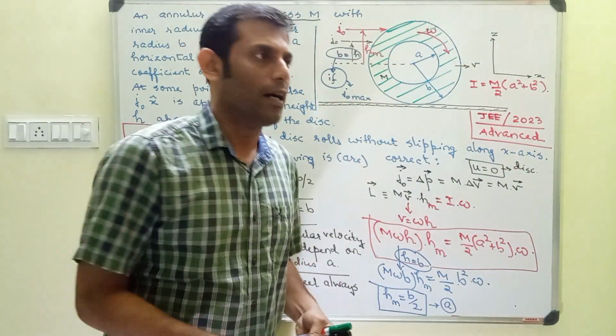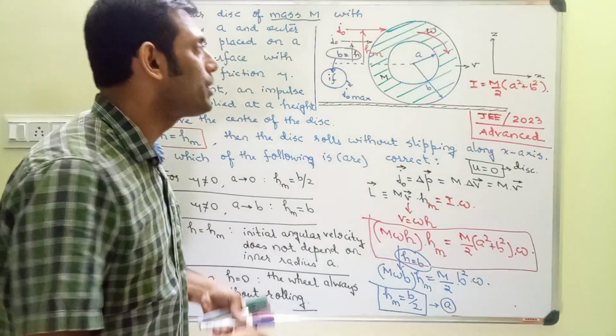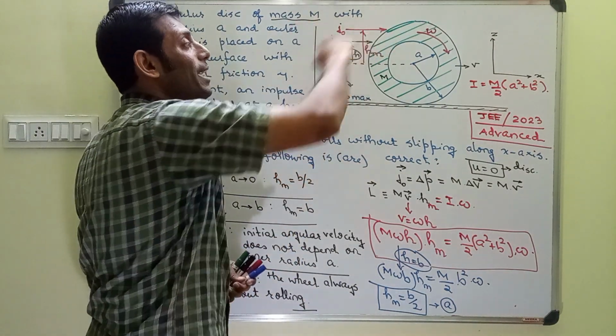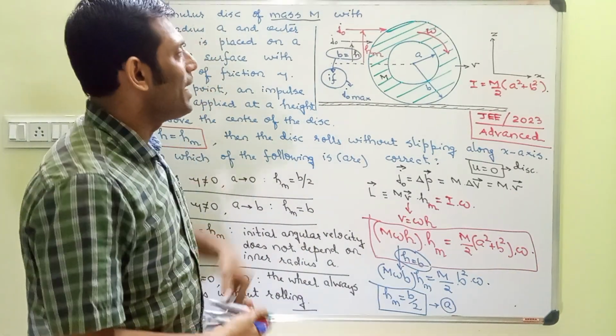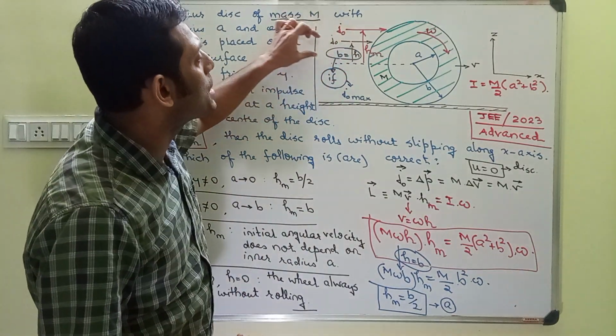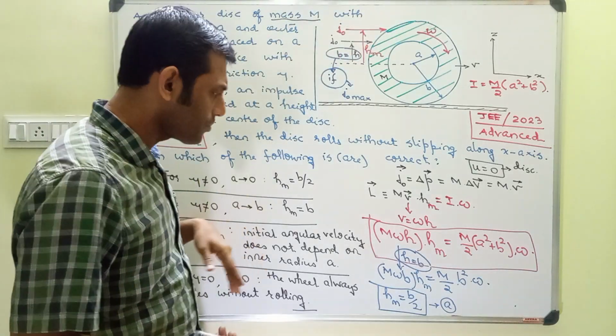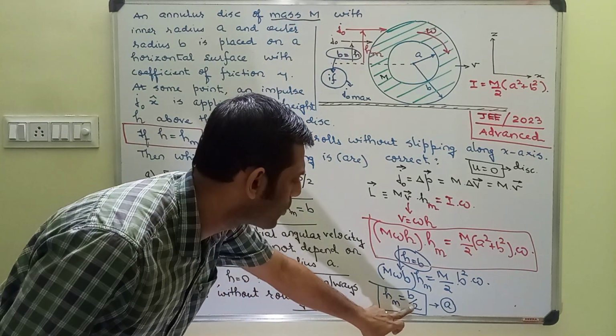Basically you can measure the impulse with a certain height which is h equal to b and apply it at a certain different height. H is the height at which it is measured, hm is the height at which it is applied.